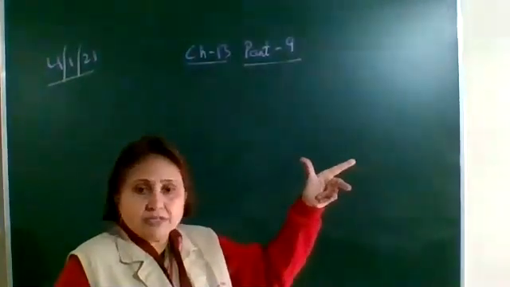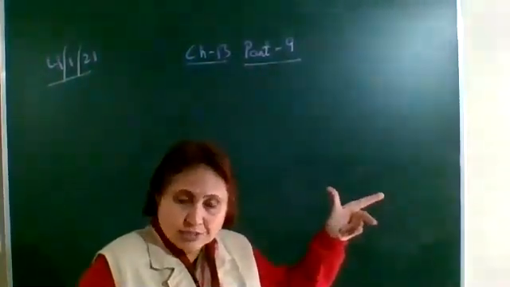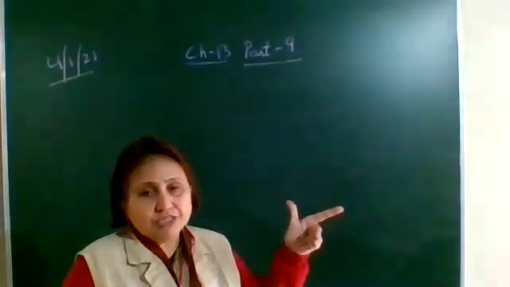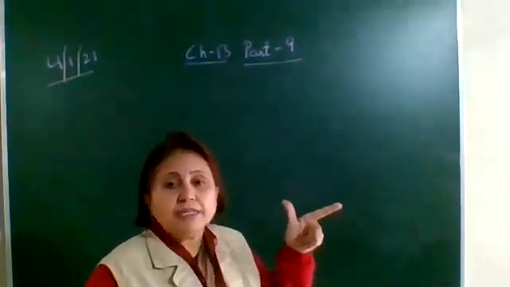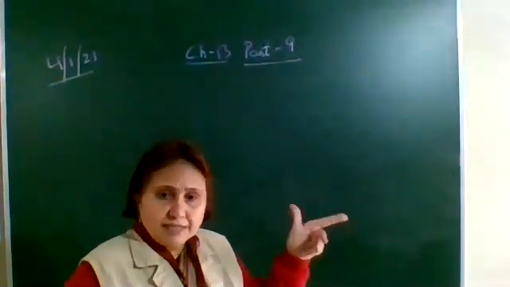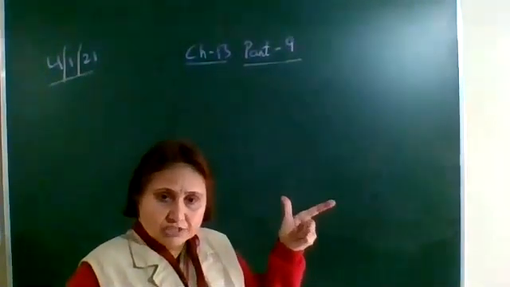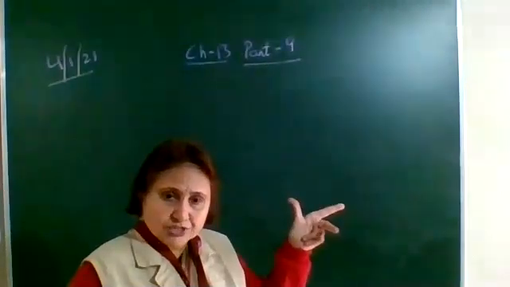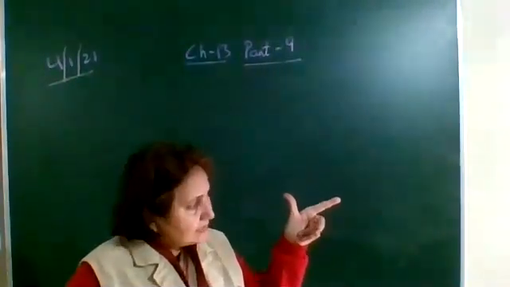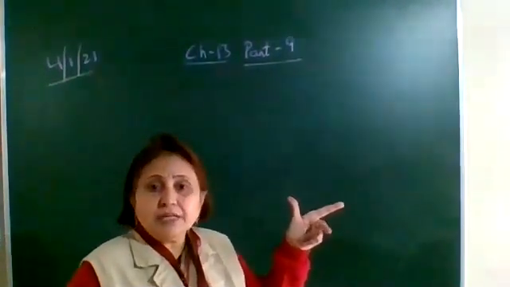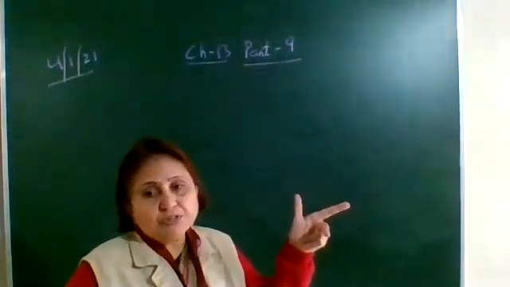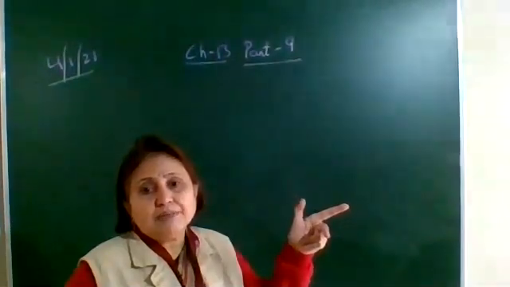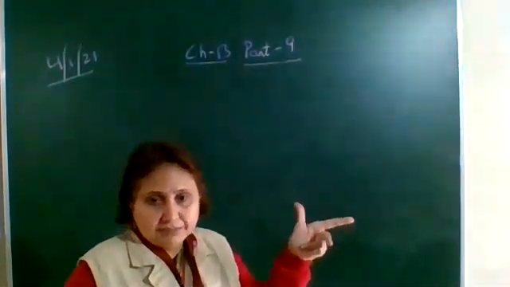All three fingers of the left hand are stretched mutually perpendicular to each other, such that the first finger is pointing along the direction of the magnetic field. The center finger or the middle finger points along the direction of the current.